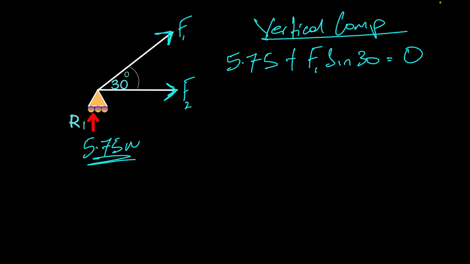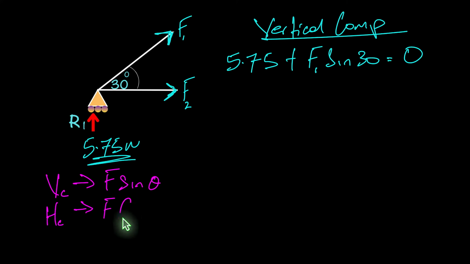It's very important to note that to calculate all our vertical components, I'll just jot this down over here. All of them will be force sin angle, and our horizontal components will be the same force but cos and the same angle. So let's calculate F1 now that we have our equation set out.